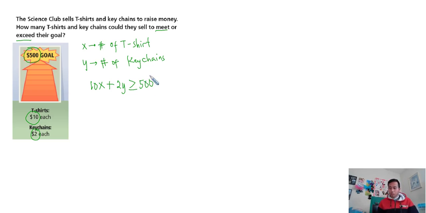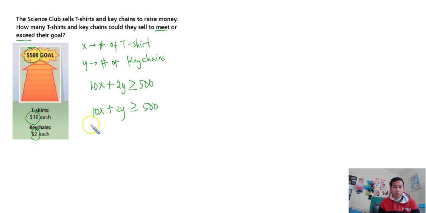Okay, so to graph this, we have to rewrite this one in y equals mx plus b. So 10x plus 2y is greater than or equal to 500.